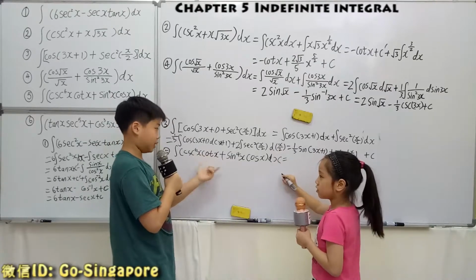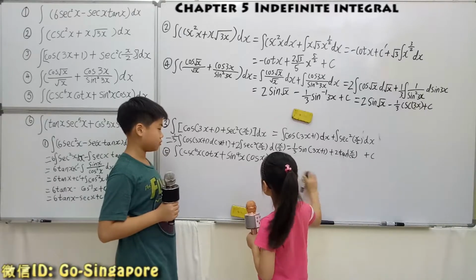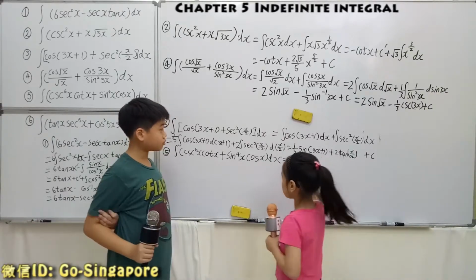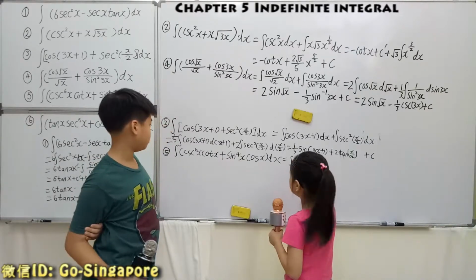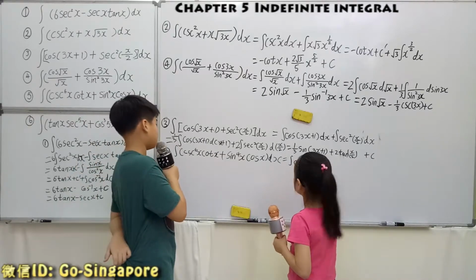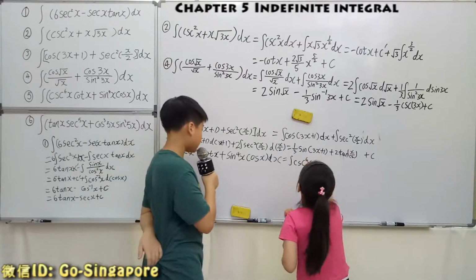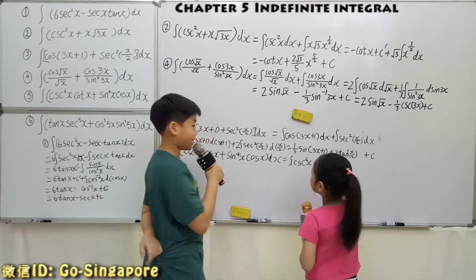And so it's this part and this part, correct? Okay. So separate. Yes, so we will integrate cosecant to the power of 6x cotangent x dx plus the integral of sine to the power of 4x cosine x dx.